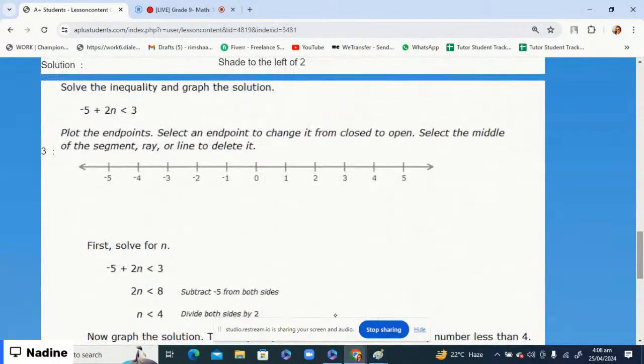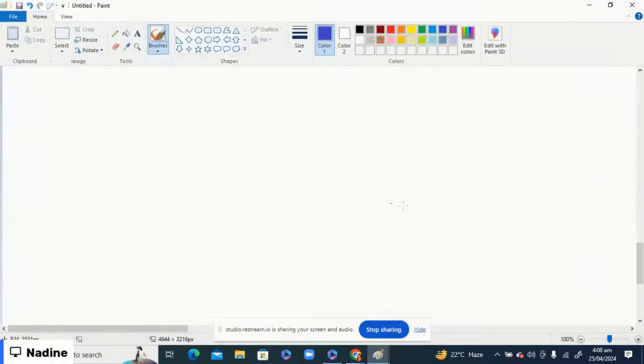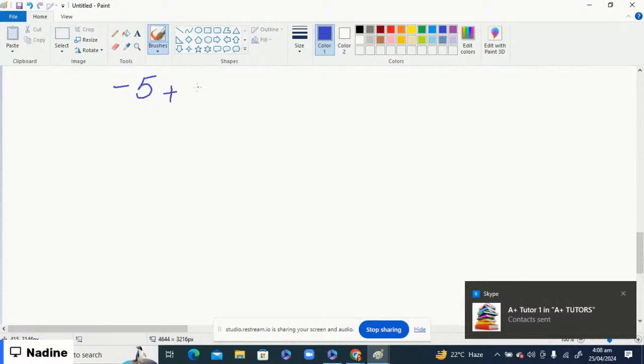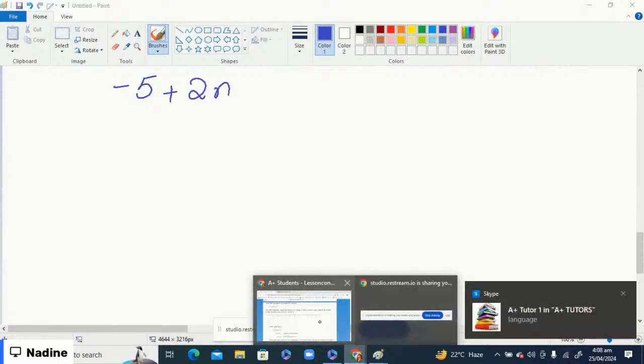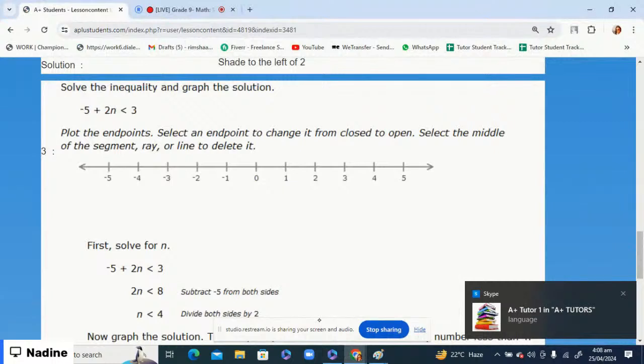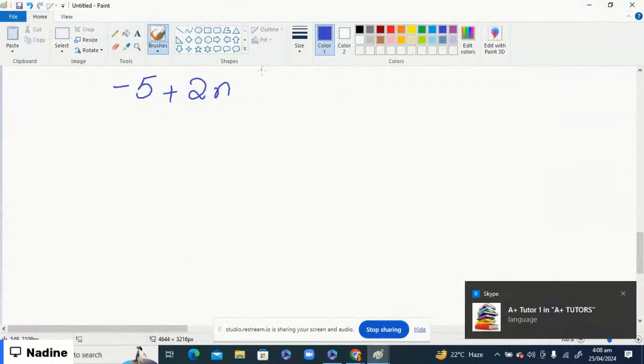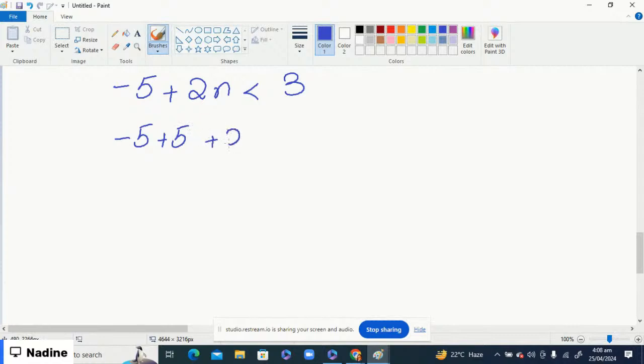Here it's minus 5 plus 2n, that is less than 3. Add 5 to both sides. This cancels.